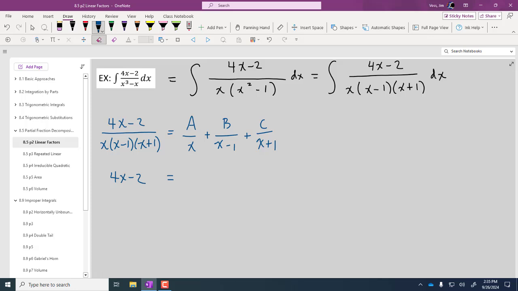Okay, so multiplying the left side by the left denominator, clearly the left denominator vanishes. When we take that denominator and multiply it to the right-hand side, the x here is going to cancel with the x there, and we're going to be left with a multiplied by x minus 1 times x plus 1.